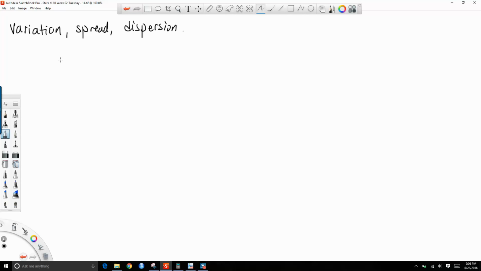spread, okay? So maybe to illustrate this, well, so maybe I'll just do some examples, okay, that we've already discussed. We'll say dogs have high variation or high spread, okay?